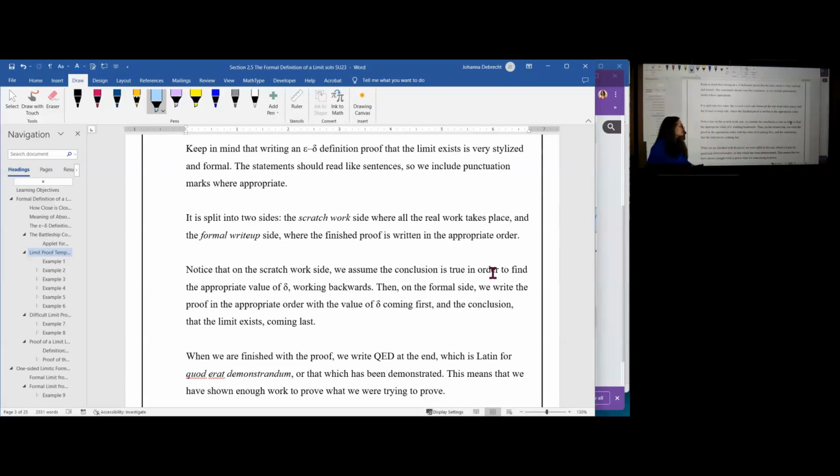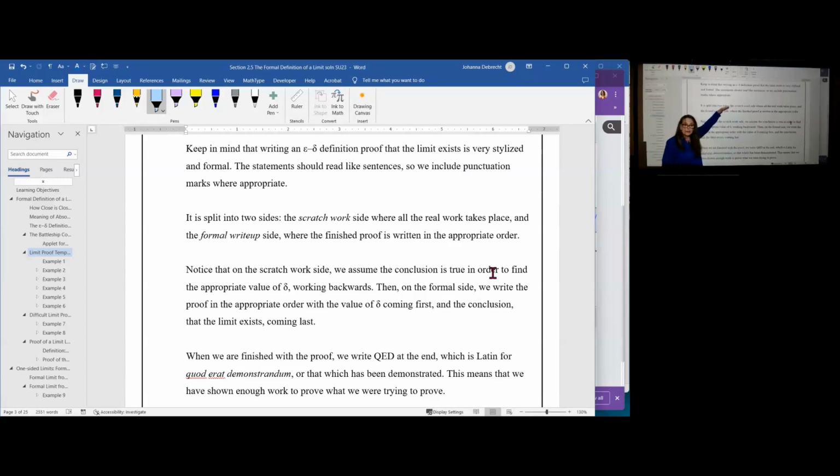Now, don't leave it off because your professor probably wants to see both sides. So on the scratch work side, we actually start with the conclusion we hope to prove, that f of x minus L in absolute value is less than epsilon. That's not what we actually do in the formal proof, but in the scratch work, we start with the conclusion and work our way backwards to find the right delta.